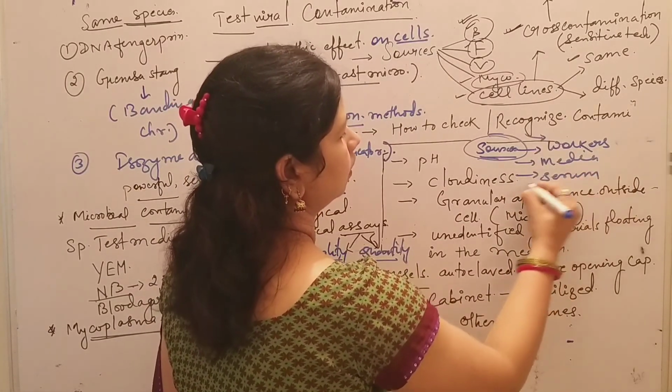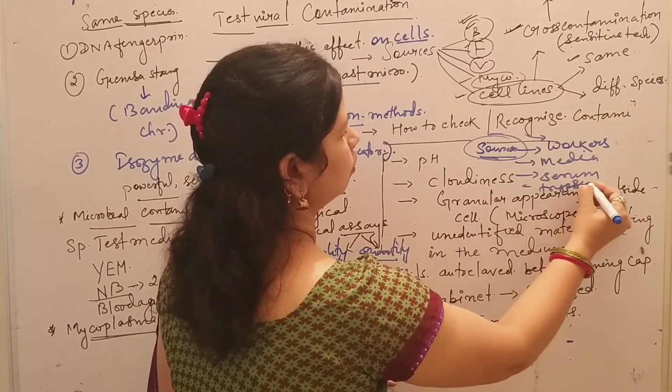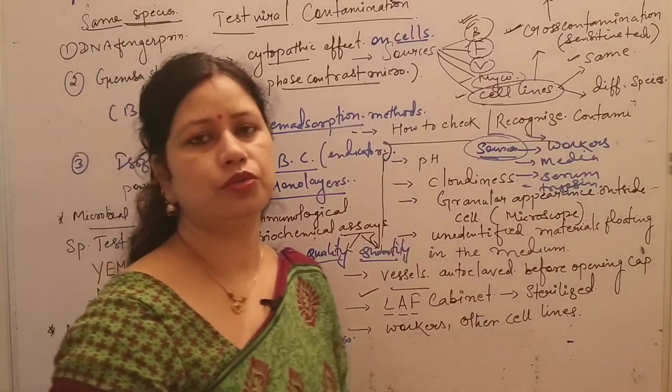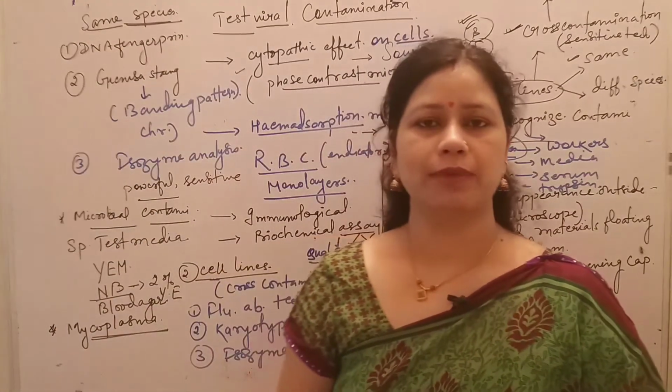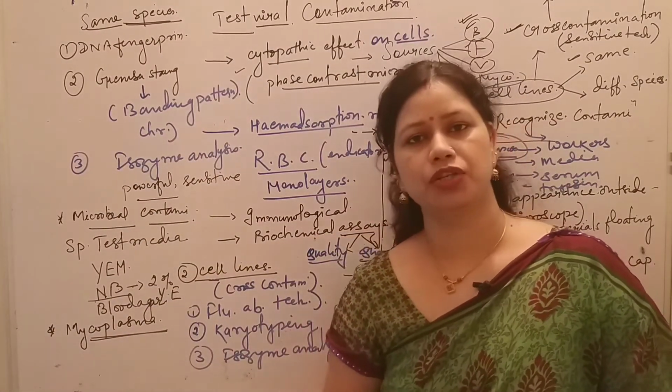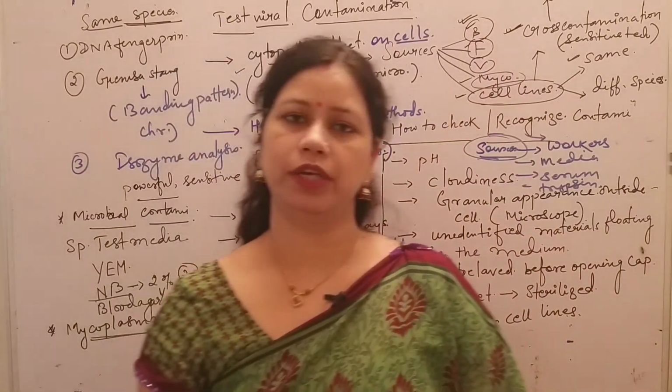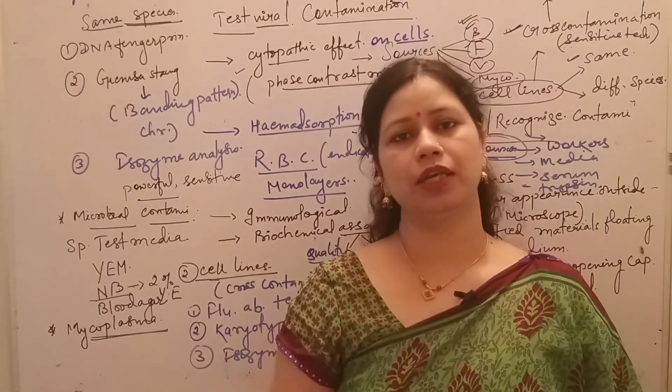So these are the sources. This is all about the various sources of contamination, how we can detect the contamination, and how we can minimize it in animal cell culture.